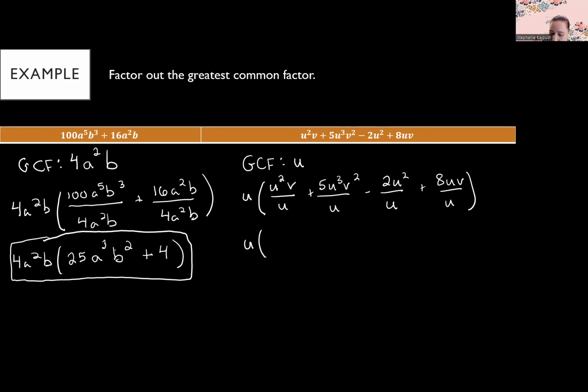So when I start simplifying, I'm basically removing a u from each of these terms. So the u squared v becomes uv, because there's one less u, plus 5u squared v squared minus 2u plus 8v.